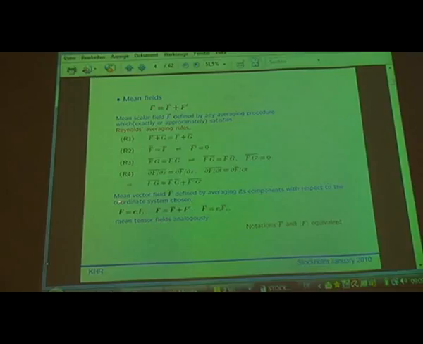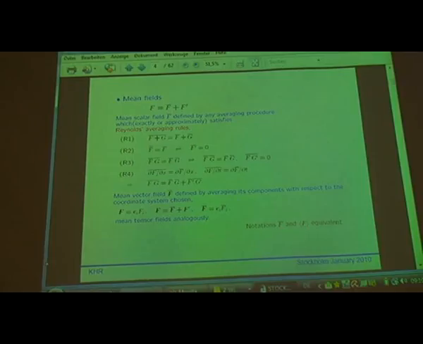We define vector fields, mean vector fields, by averaging the components with respect to a given coordinate system. In that sense, the average of a vector field depends on the coordinate system. And this applies analogously to tensors. I use both notations, f bar and f in angle brackets.